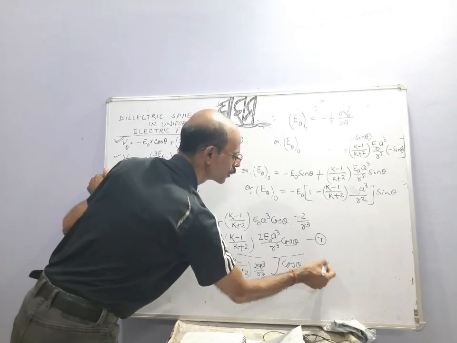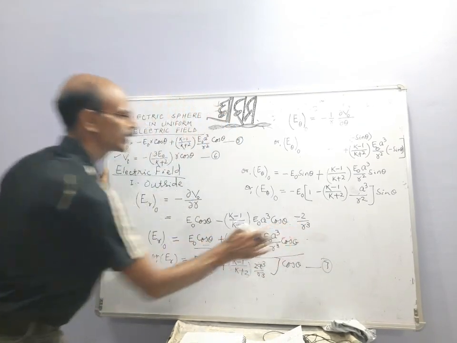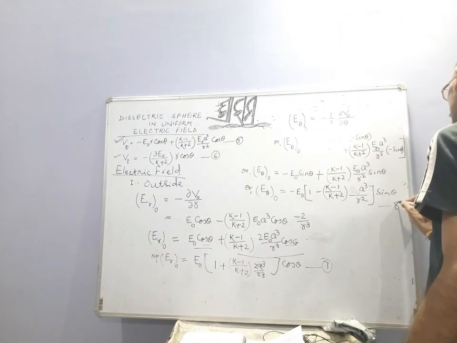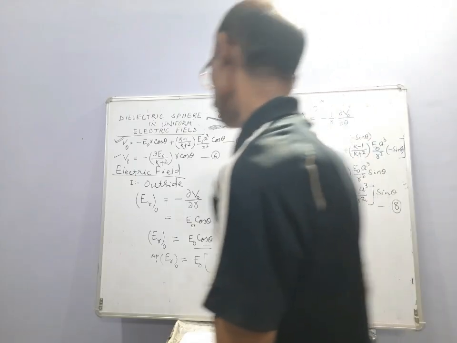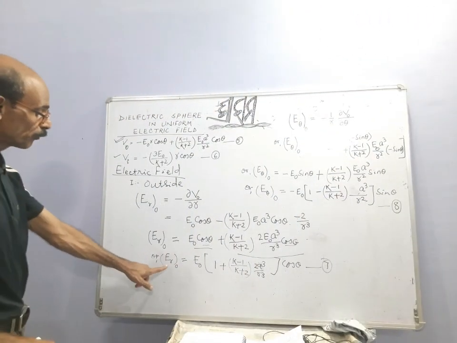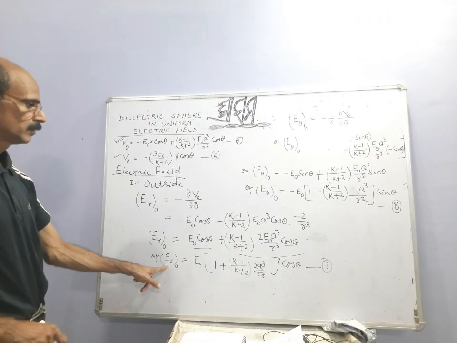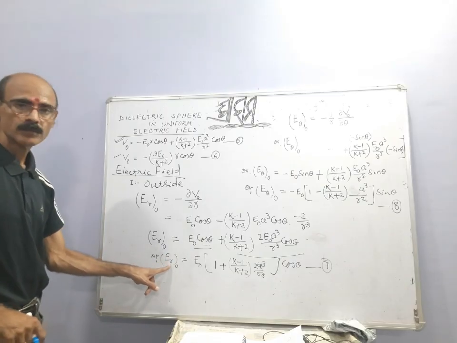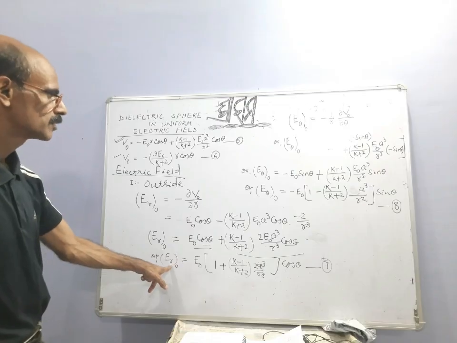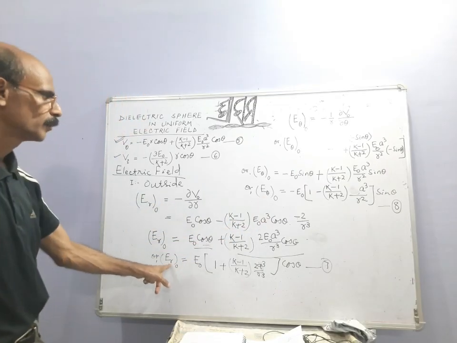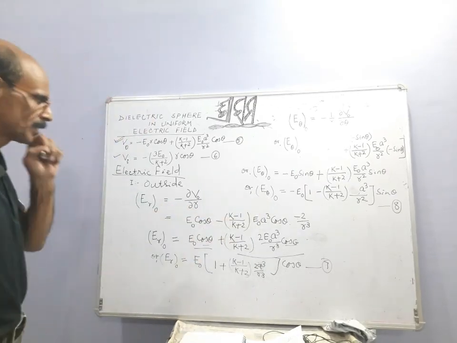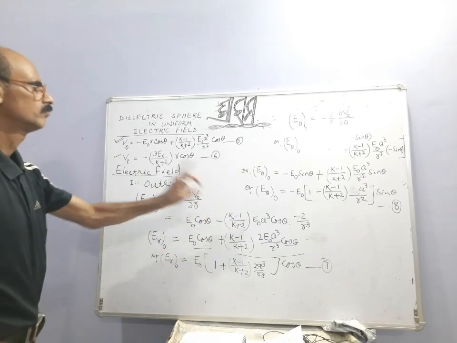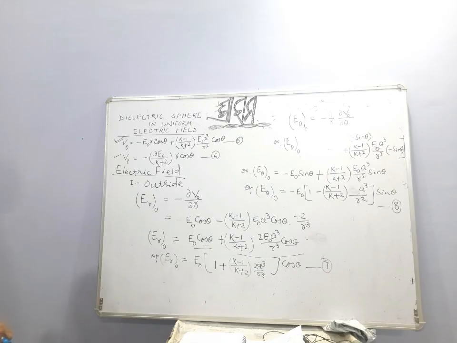Let it be equation 7 and let this be 8. So we obtain the electric field outside for the polar axis component and the theta component. So we get E_r as well as E theta outside the dielectric sphere.